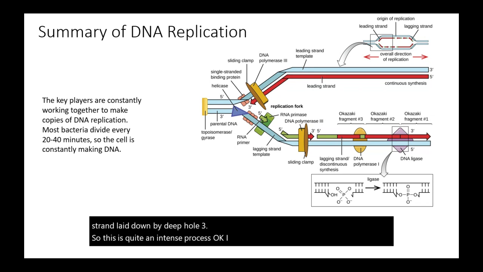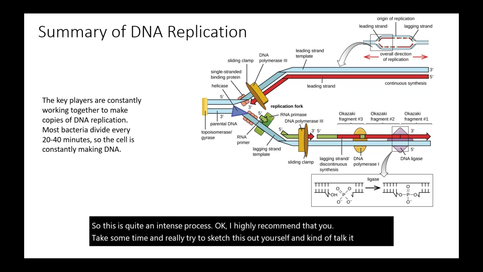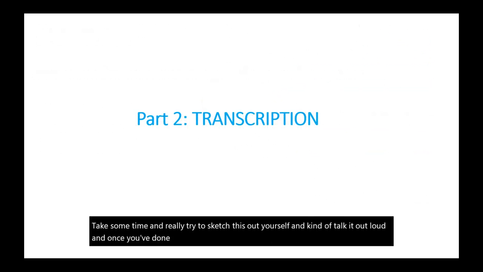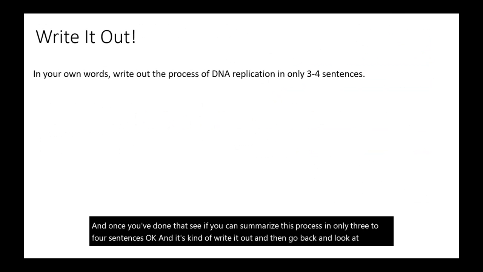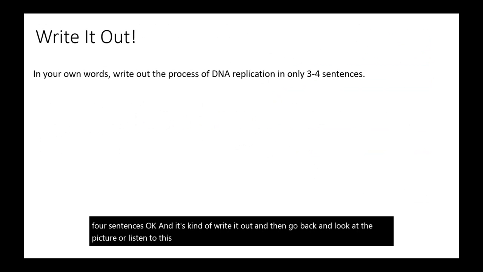Okay, I highly recommend that you take some time and really try to sketch this out yourself and kind of talk it out loud. And once you've done that, see if you can summarize this process in only 3 to 4 sentences, okay? And to kind of write it out and then go back and look at the picture or listen to this video and see, did you include all of the key players?